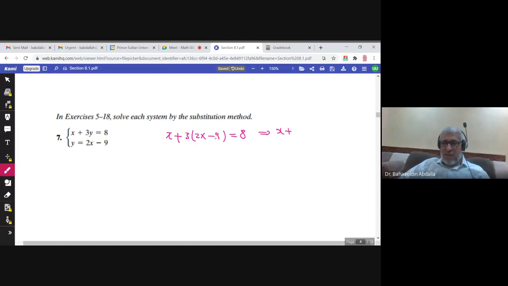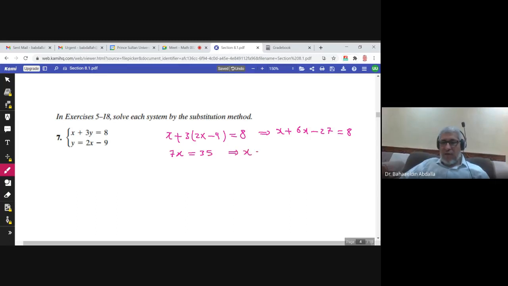So expand: 3 times 2x is 6x, minus 3 times 9 is -27, equals 8. This is a linear equation. So 6x plus x, I have 7x, and I take 27 to the other side. 27 plus 8 is 35.